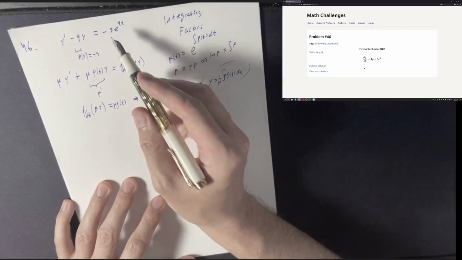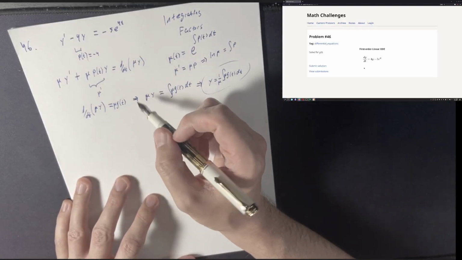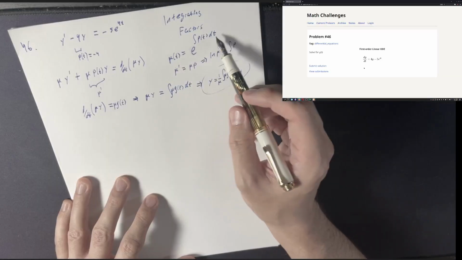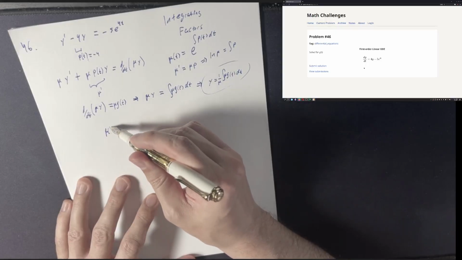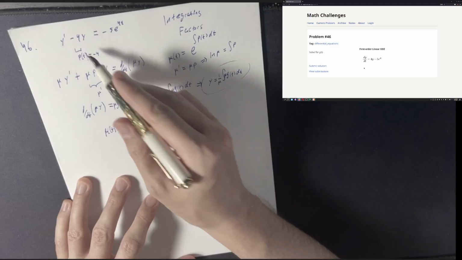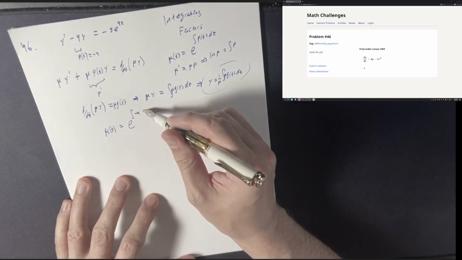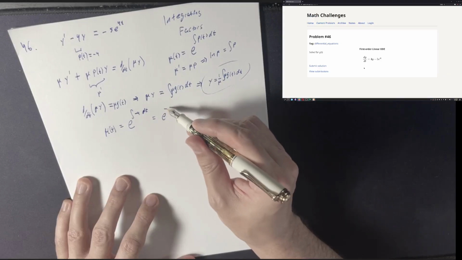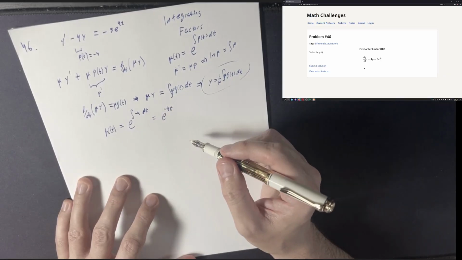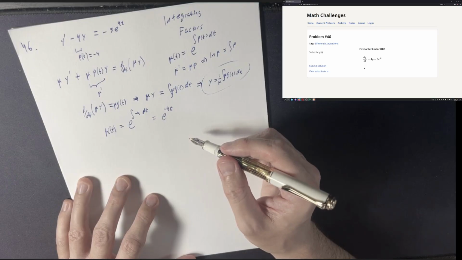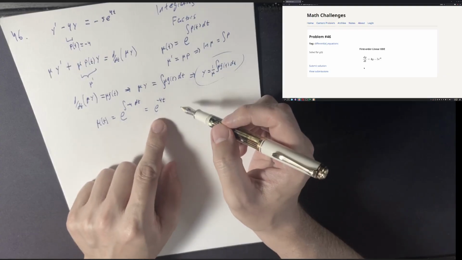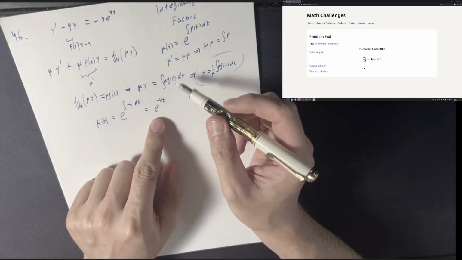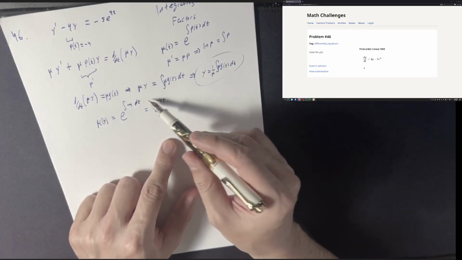So anyway, using our numbers, you would usually first find this integrating factor. For us, it's going to be e to the integral of -4 dt like that. So it's e to the -4t. And then you basically just jump to this step.